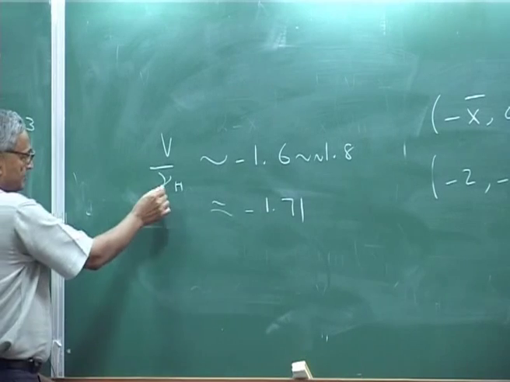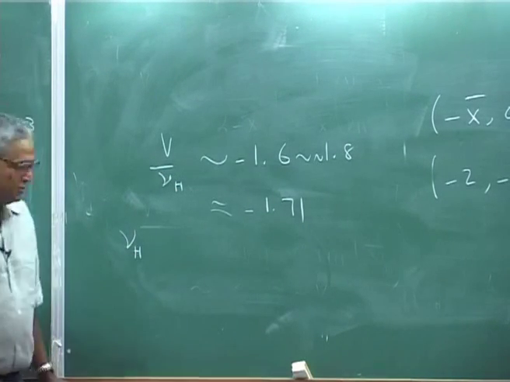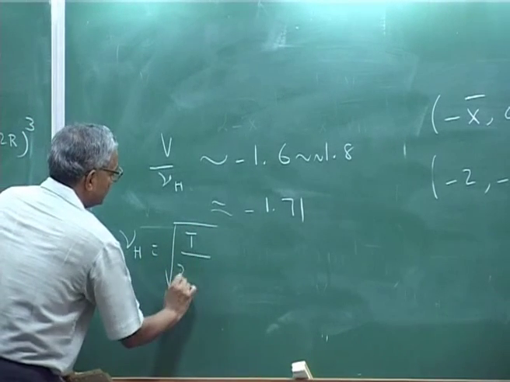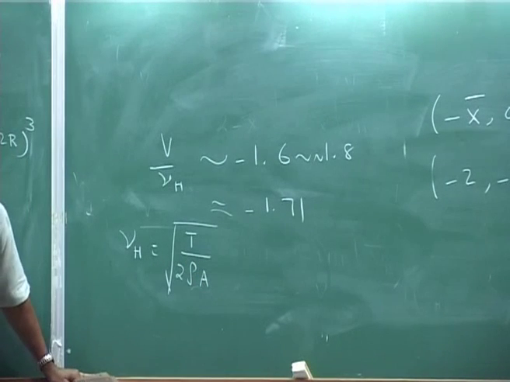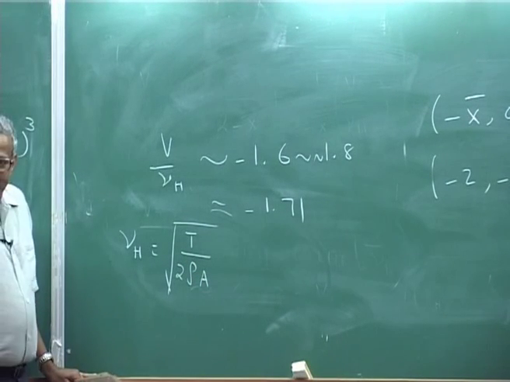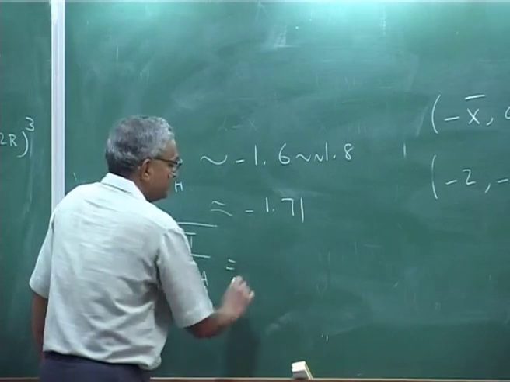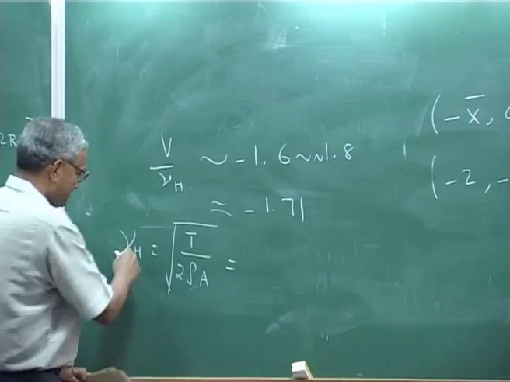Now, you can know nu h. Nu h is what? T by 2 rho a, right, or in other words you can take it as C t by lambda.